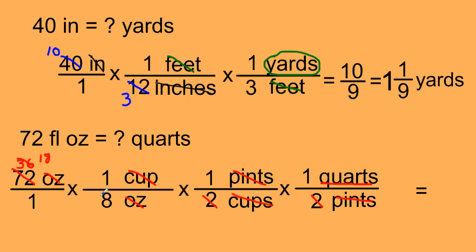I can factor another 2 out of the denominator, in which 8 divided by 2 is 4, and 18 divided by 2 is 9. Now, multiply across. 9 times 1 equals 9, and 4 times 1 equals 4. So we have 9/4 once again, or, again, 2 1/4 quarts.